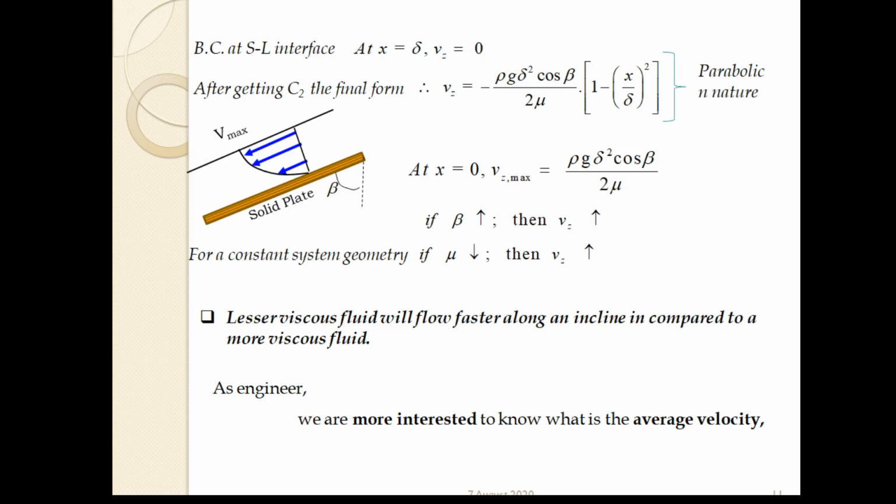At x equals 0 we get our Vmax in the z direction, which is rho g delta square cos beta by 2 mu. When we incorporate x equals 0 in the velocity profile term, we get this maximum velocity in the z direction.